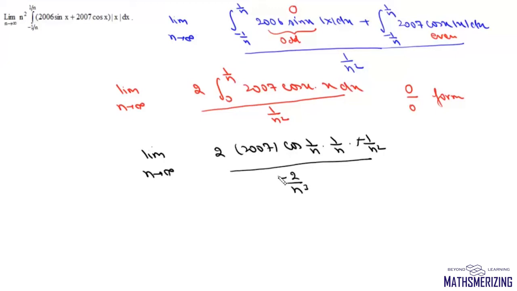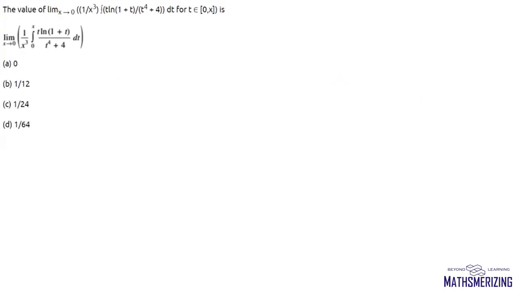Now minus and minus will cancel, 2 will also cancel, and n cube will also cancel, so we'll get this as limit n tends to infinity 2007 cos 1 by n, and it is cos 0, and cos 0 is 1, so value of this limit is 2007.